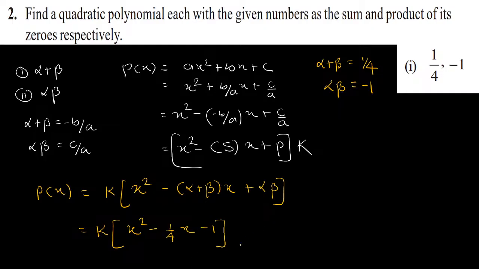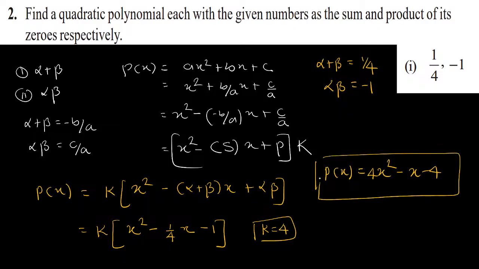Here I will take k as 4. Why am I taking k as 4? So that I won't get any number in the denominator. If k is 4, this quadratic polynomial becomes 4x square minus x minus 4. So this is how we can write down the polynomial whose sum and product of zeros are given.